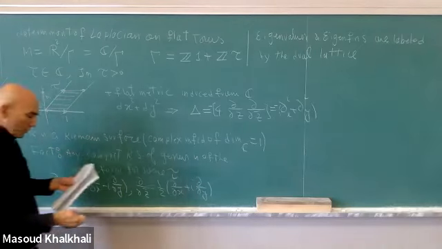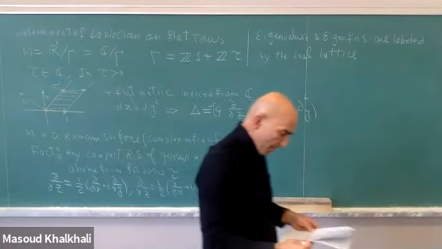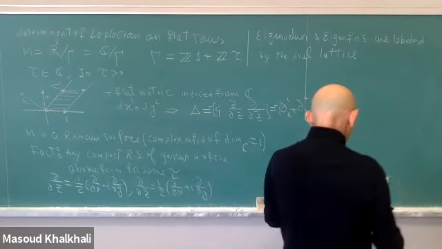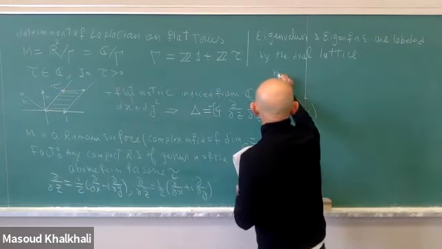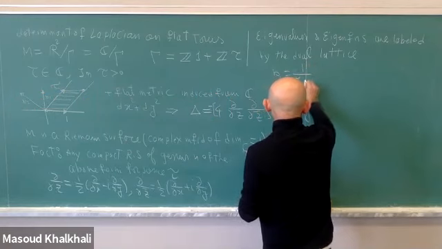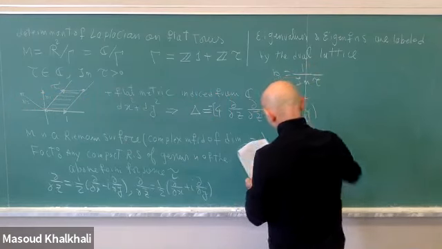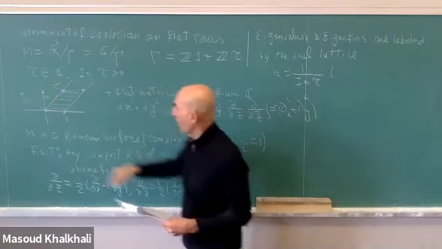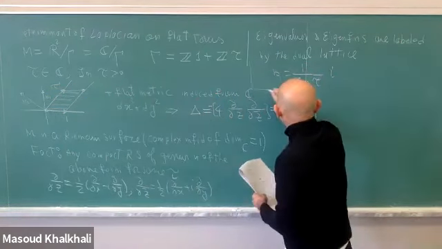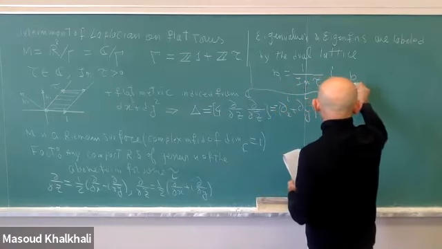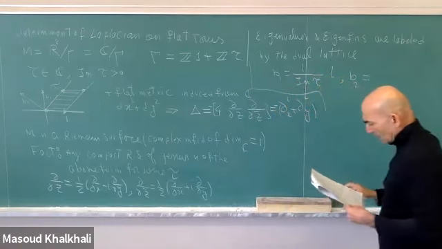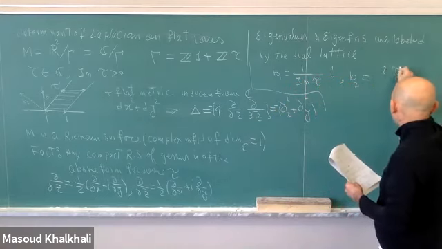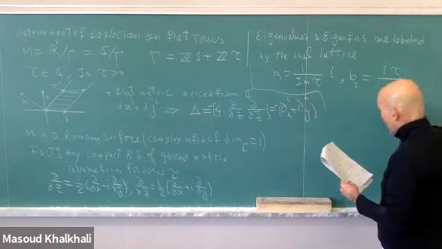Once you do that, you get some explicit formulas. I believe b1 is equal to 1 over the imaginary part of tau, along i as I said over there, and b2 is i tau over the imaginary part of tau.